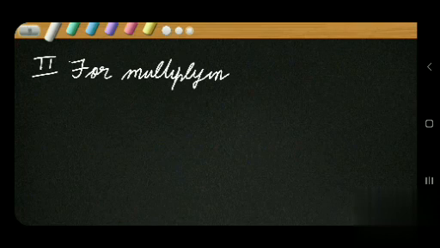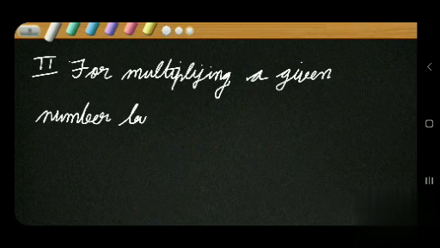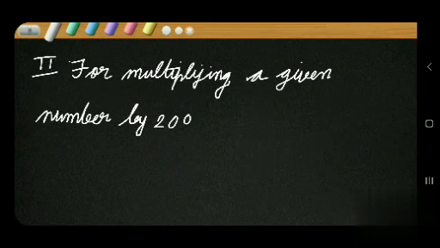Okay, now Roman number 2. We have discussed the multiplication by 20. Now let's discuss the multiplication by 200. For multiplying a given number by 200, what do we have to do first?